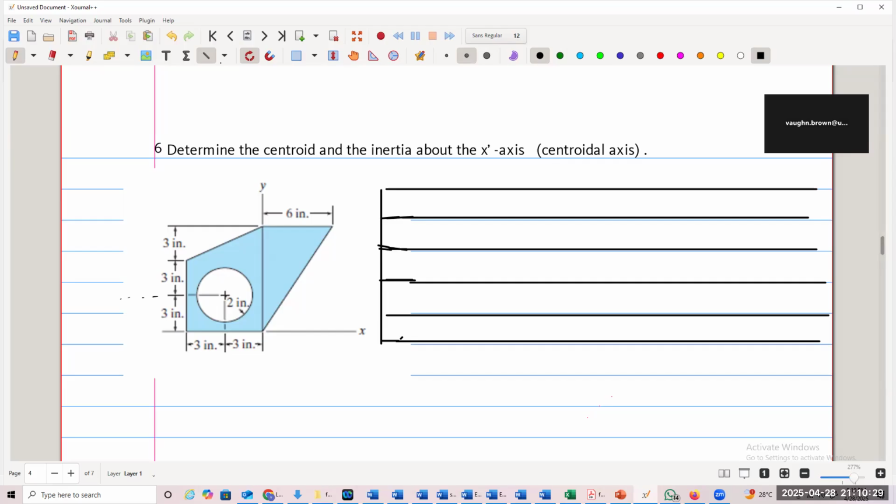This is a segment, segmented outline of what you have, then the area of the segment, your X and Y values, and then you're going to need your X times area and Y times area. So this is your segment section.